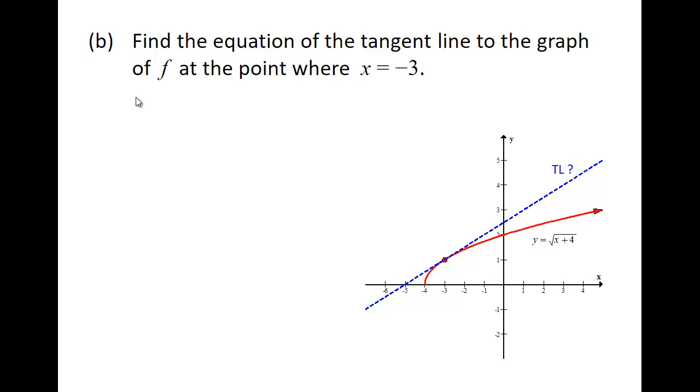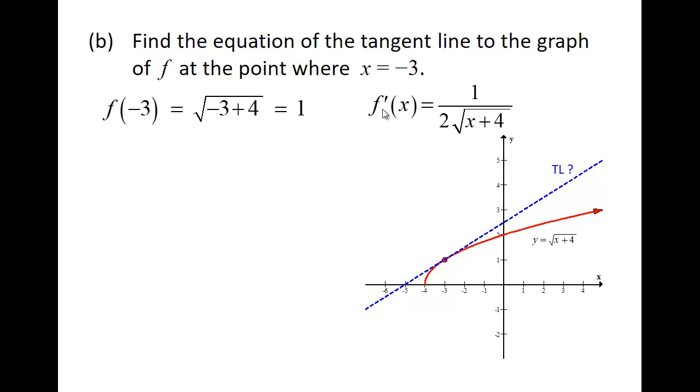Okay, so now let's find the equation of the tangent line to the graph of f at the point where x is negative 3. Well, when x is negative 3, what's the y value? Well, f of negative 3 would be, remember, f of x is root of x plus 4. So f of negative 3 would be root of negative 3 plus 4, and that's 1.